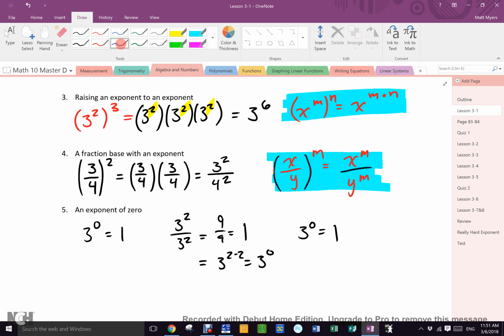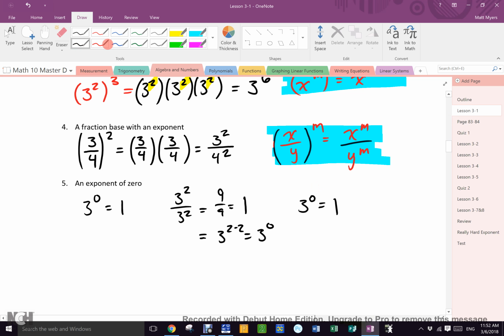But what screws all of you up are the permutations of that. For example, what is negative 3 to the 0? So some people are saying 1, some people are saying negative 1. And then what is (negative 3) to the 0? Okay, the top one's negative 1, and the bottom one is positive 1. Why? Because in the top one, you're adding the negative after, and in the bottom one, it's already in.